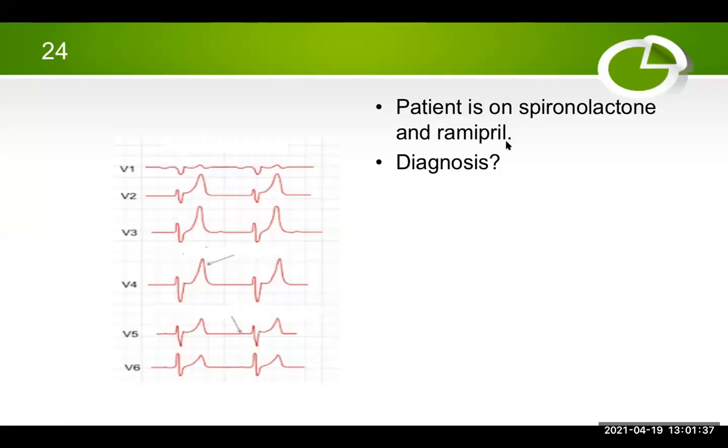ACE inhibitor. Exactly, ACE inhibitor. So the side effect of ACE inhibitor is also hyperkalemia, and this is a very poor combination actually. But from the examination purpose, we can ask this type of question to see whether students know the things or not. So hyperkalemia.